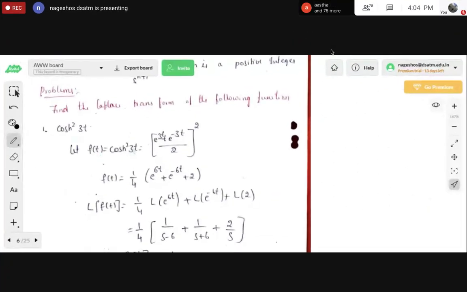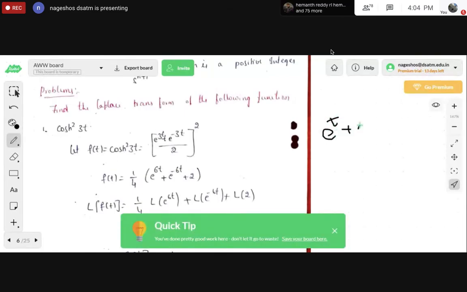So f of t is equal to this. Cos hyperbolic t is nothing but e power t plus e power minus t divided by 2.